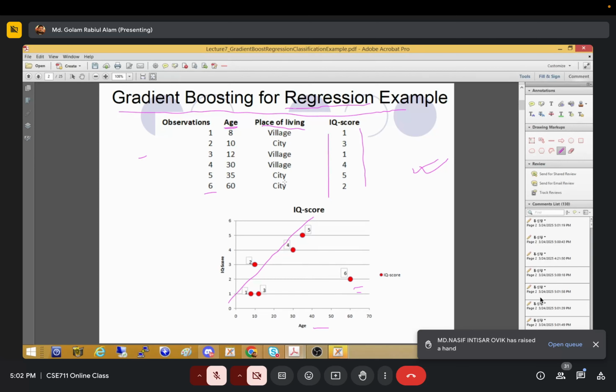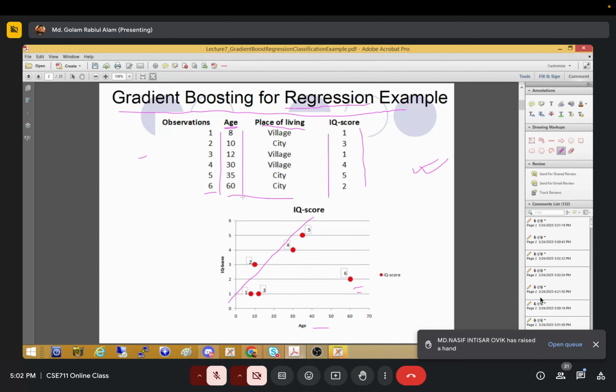Now, this is a regression problem, so what do we need to consider? We need to consider our features, age and place of living. In tree-based regression and classification problems, handling numeric values is different from handling categorical variable values.